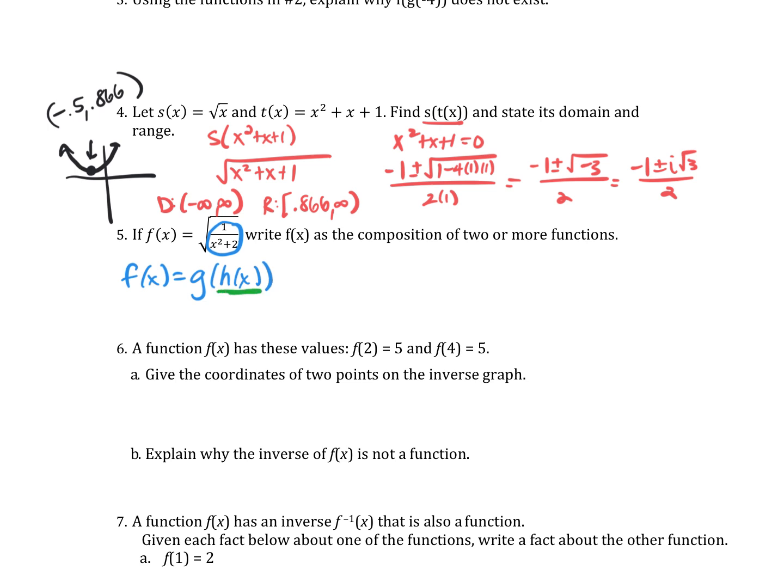My inside is going to be this. So h of x equals 1 over x squared plus 2. And my outside is going to be the square root. So g of x is square root of x. So what happens is when I find composition, I plug that in there and it becomes my new function. So that's kind of what it's asking. Sort of asking you to think backwards.